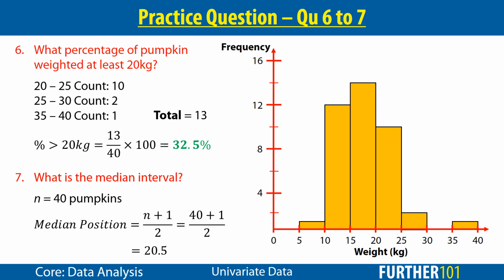The very last thing to do is to do a cumulative count of the frequencies from the left to the right on the graph itself until we pass that 20.5 number. And we can see that happens in the third interval there. So our median interval is 15 to 20 kilograms.